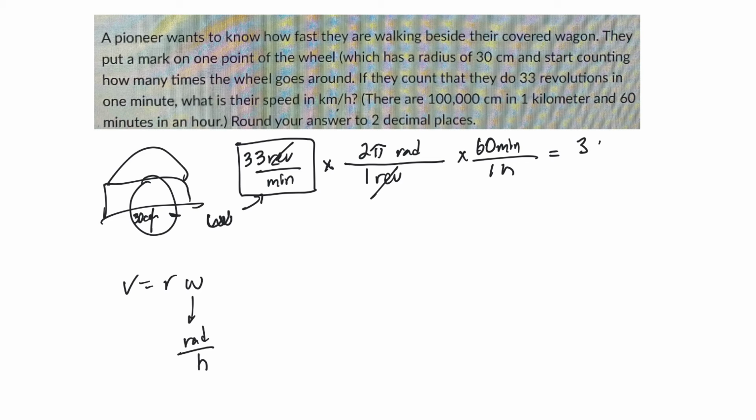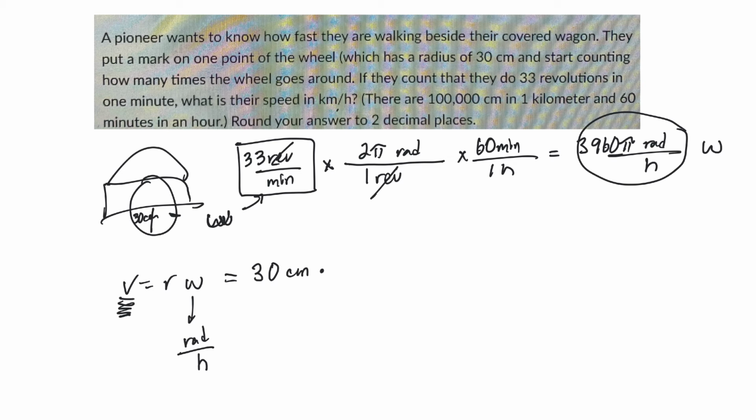So it'll be 3960 pi radians in every hour. Perfect, so this is my angular velocity. If I want to know the linear velocity, I take my radius, which is 30 centimeters, and multiply it by my angular velocity, 3960 pi radians in an hour.